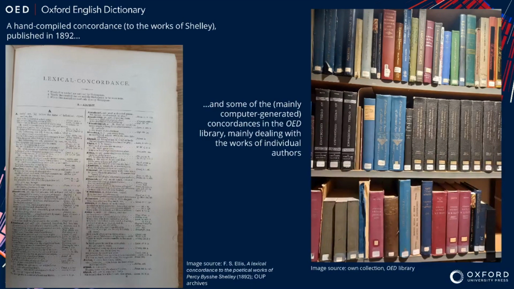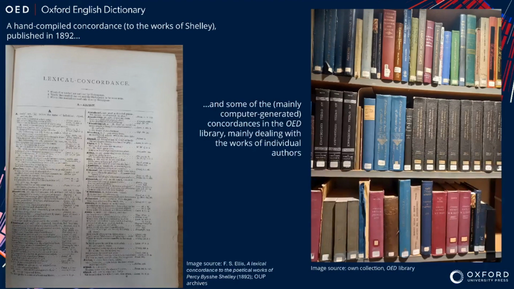It's just a remarkably labor-intensive job going through by hand the complete works, say, of Shelley, as we see here, and noting down every occurrence of every word. The compilers of the first edition of the OED acquired as many of these concordances as they could, and in the mid-20th century, computers began to be used to generate more concordances of this kind.